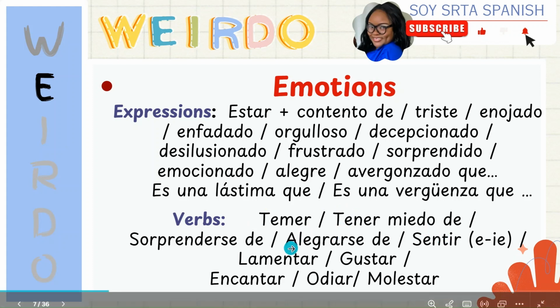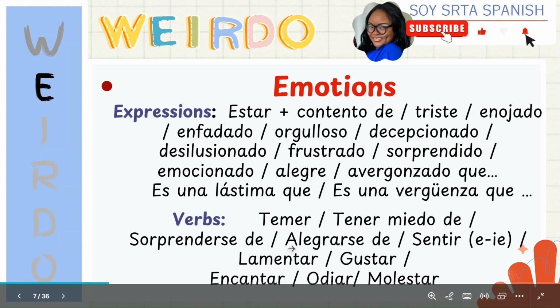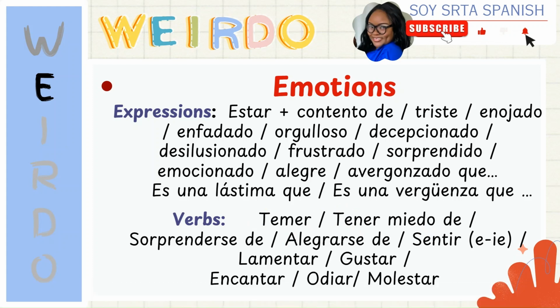To be sorry for. And then gustar, of course, to like. Encantar, to love. Odiar, to hate. And molestar, to annoy. So once we're using any of these verbs, oh, I like that the school is modern, that is a subjunctive sentence because you're stating your emotion about another thing.